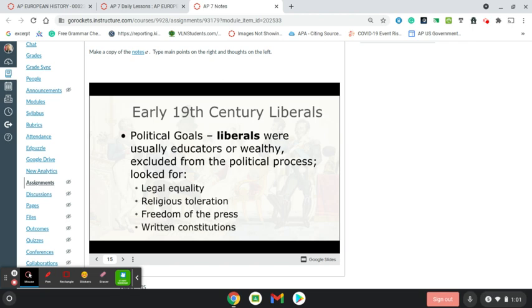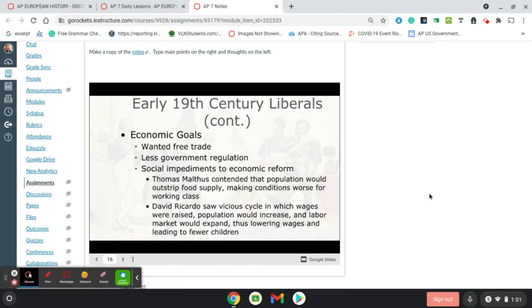They believed in a lot of the Enlightenment ideals, so that's why they're known as the opposite of conservatives. They believed in toleration and freedom of the press and so on. So in that respect, they are actually the opposite of conservatives. They also are believers in having written constitutions. And so that is something else that makes them the opposite of conservatives.